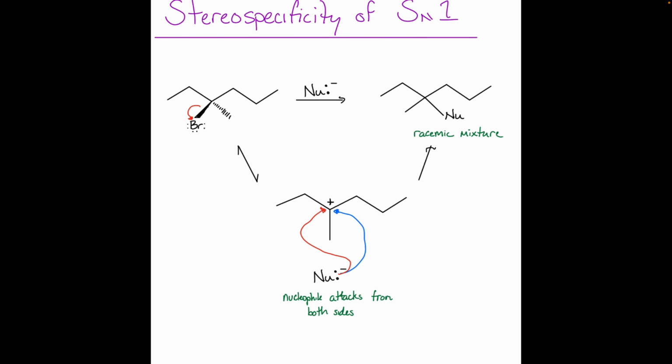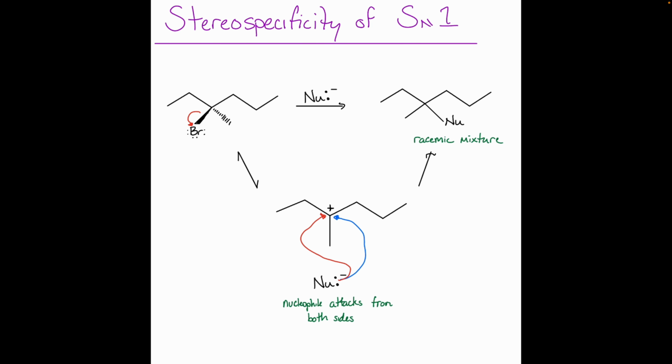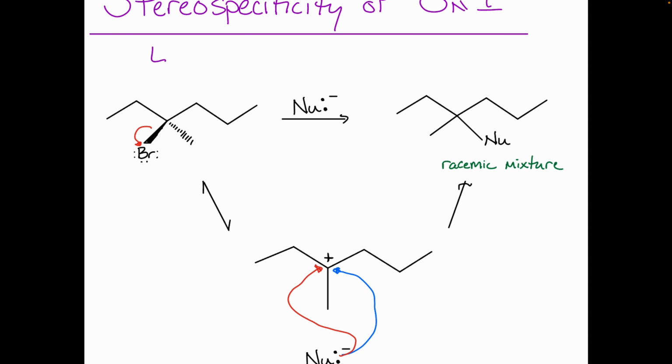All right, and we saw this with carbocation mechanisms before. Just like our other ones, our SN1 reactions go through these carbocation intermediates. So for the stereospecificity, we can just note we lose our stereochem in our reaction.